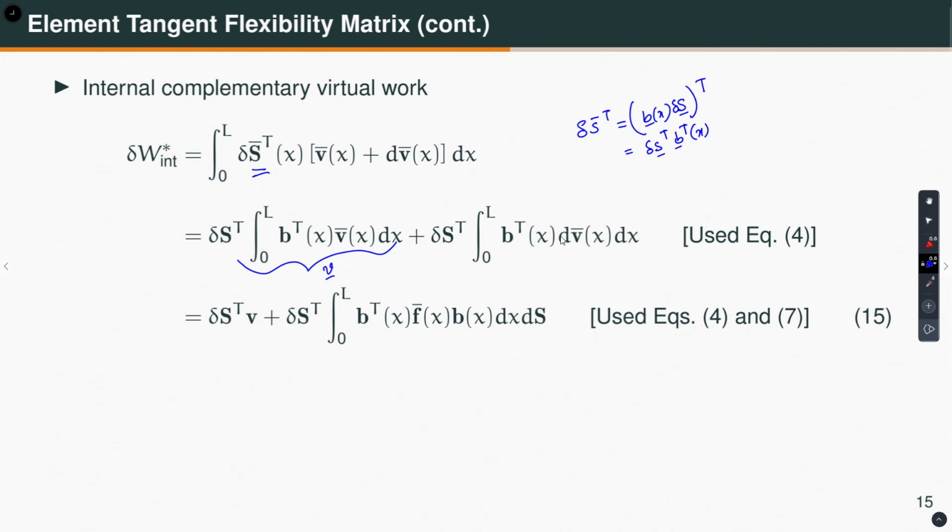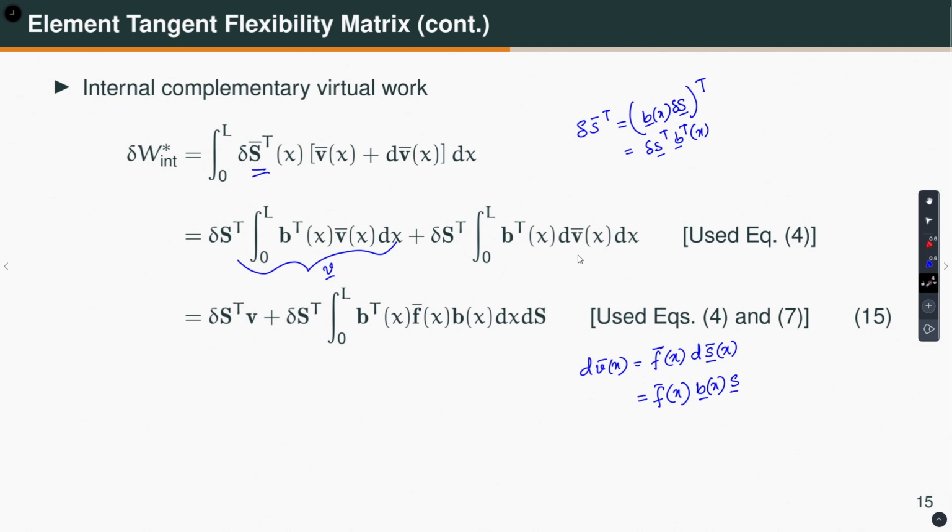So, let us write dV bar x, which is the incremental section deformation vector, is equal to the section tangent flexibility matrix multiplied by the section incremental force vector, right. Now, this dS bar x I can write using the force interpolation function Bx, multiplied by S. Okay.